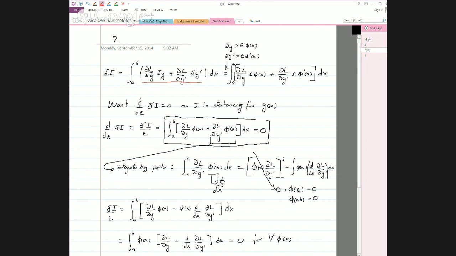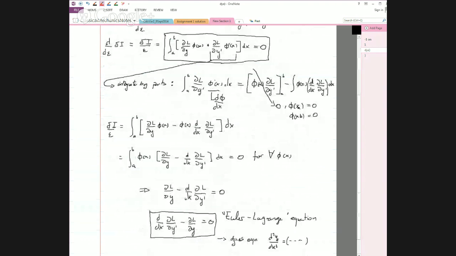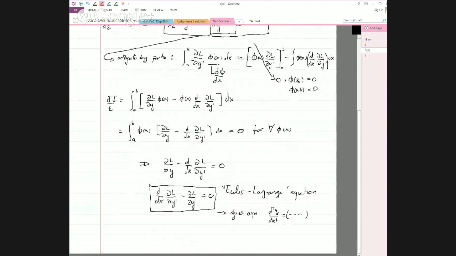And so you'd be able to group all the y's of the same index together. Then for each of those groups of the same index of y, you can integrate the second part by parts. And so then it's, again, a sum of integrals, and that total sum has to be 0, so each term in the sum has to be 0. Eventually you're going to get one of these equations for each of the y's.